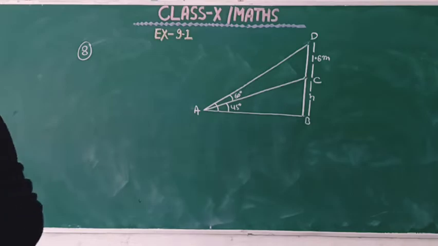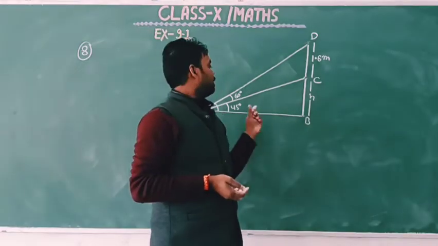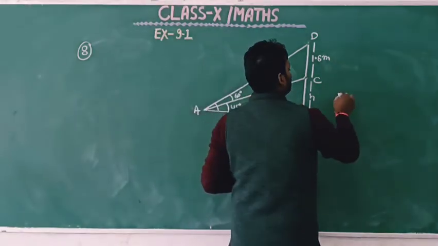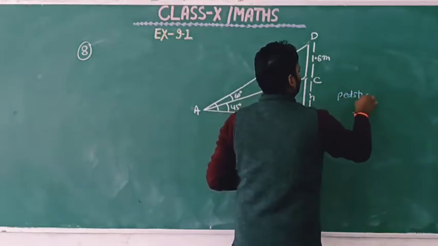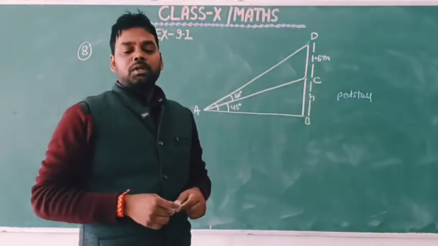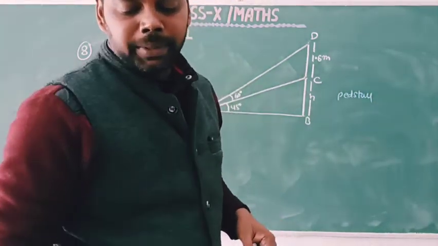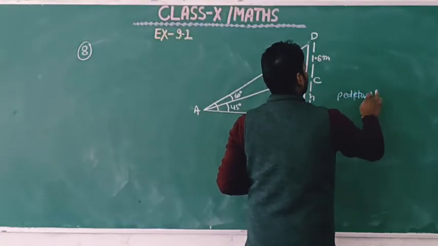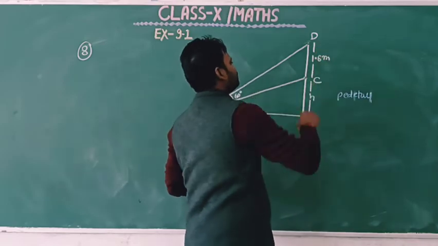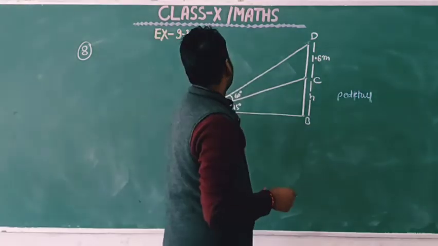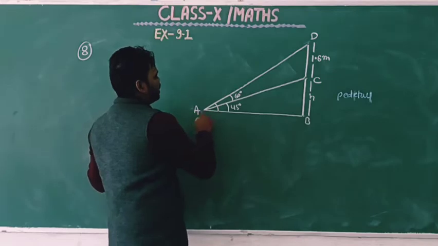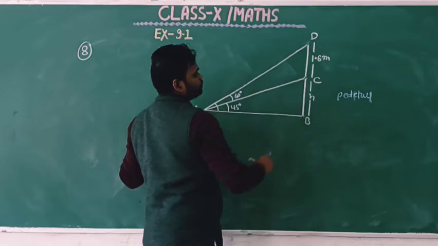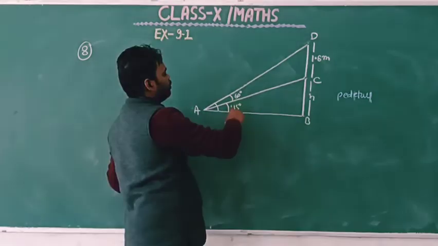So here once again see the picture of this question. BC is the pedestal, and CD is the statue whose height is 1.6 meter. The angle of elevation from the ground to the top of the statue is 60 and to the top of the pedestal is 45.